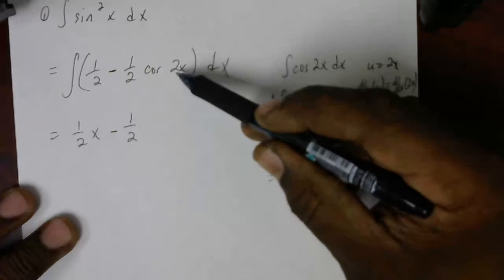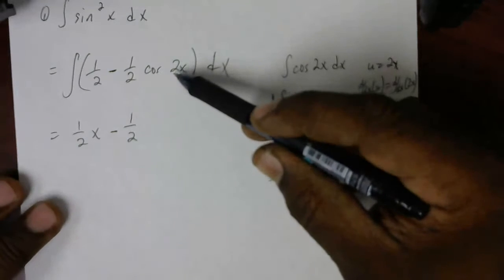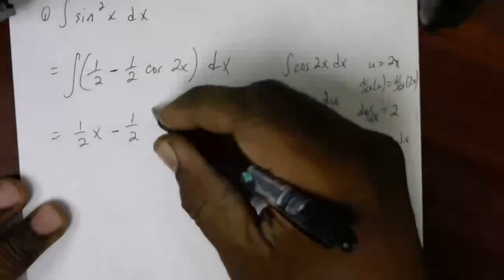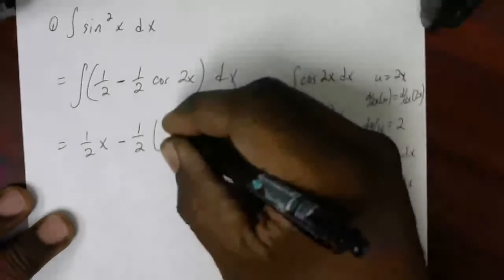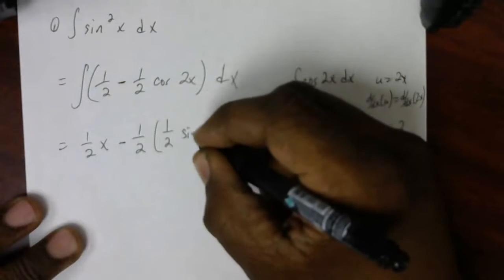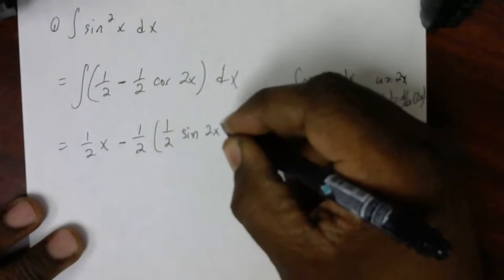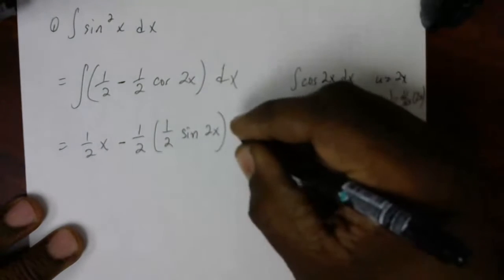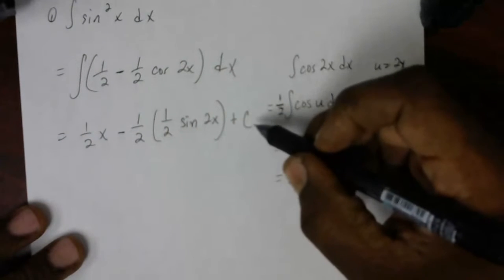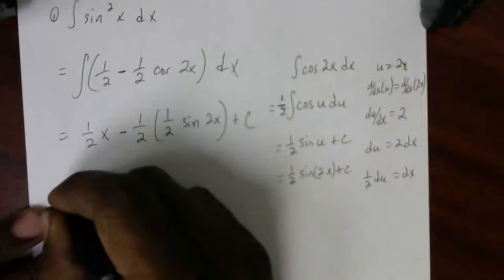So the integral for the cosine of 2x is 1/2 times the sine of 2x, plus my arbitrary constant.